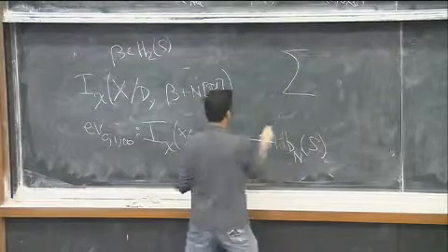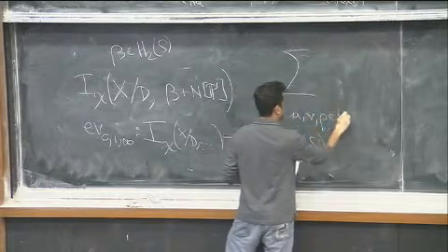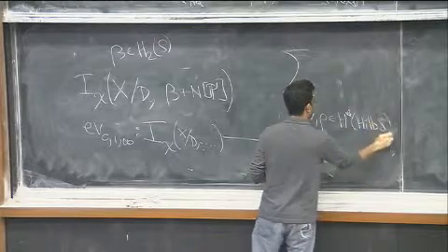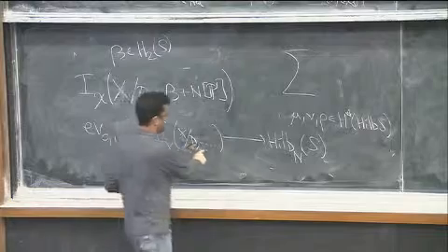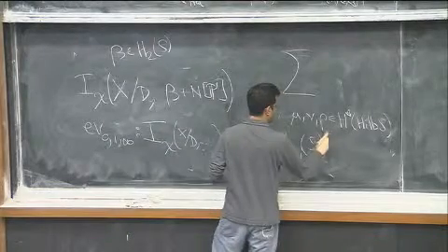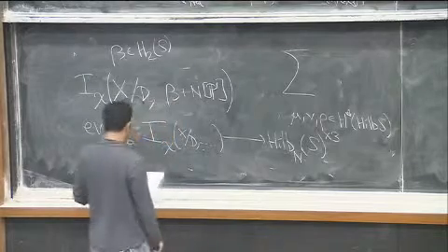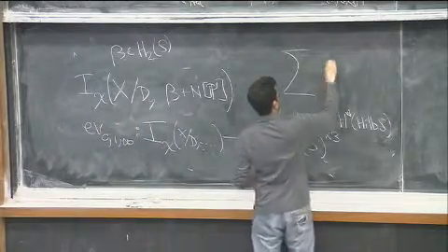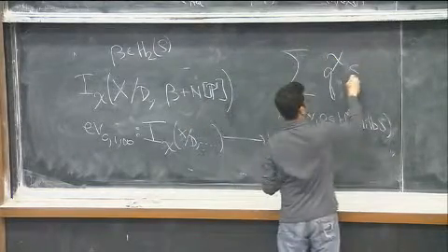So I fix three classes in the cohomology of my Hilbert scheme. So maybe I can simplify my life by putting times 3 here. And I'm just going to put everything in this big generating function.